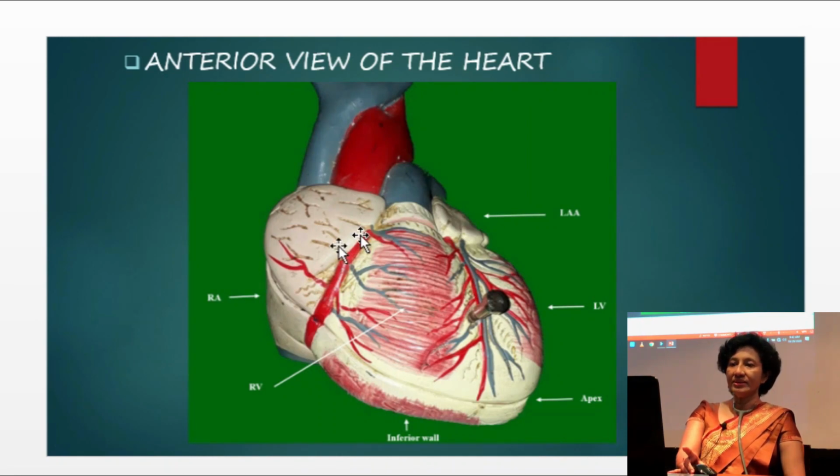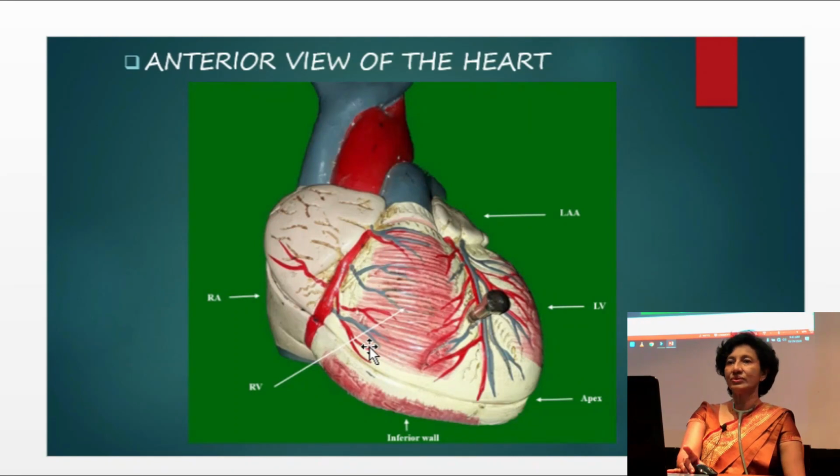Then this is the atrioventricular groove. The atrioventricular groove lies almost in the vertical plane, in this plane. Usually, medical students think that the atrioventricular groove lies in the horizontal plane, with atria at the top and ventricles at the bottom.